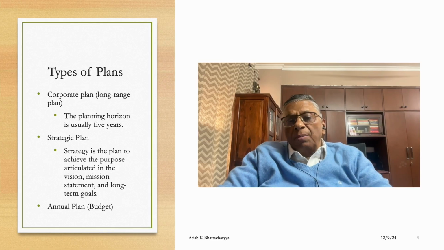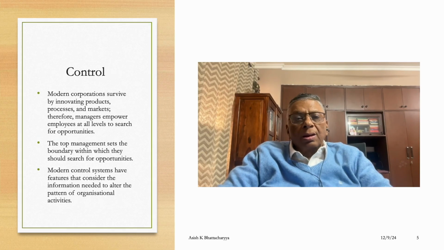Now, management accounting supports all the kinds of planning which a company does. Then comes the control. As I said, if you plan and leave it there, then you might not be able to achieve the results or the outcome that you desired while you plan.